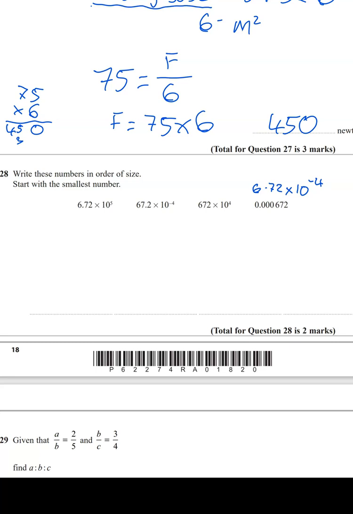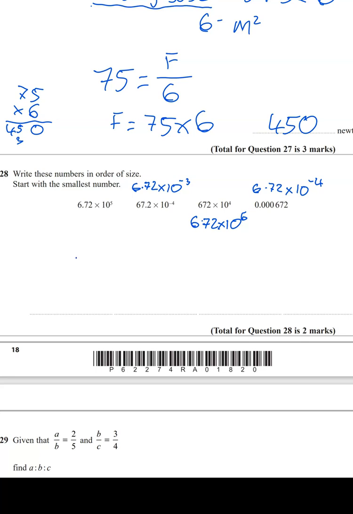We need 6.72 times 10 to the minus 3, because, do I go minus 3? Yeah, I think so. Yes, because it's gone one too far. And this one here would be 6.72 times 10 to the 6. Right, okay, then that makes it a lot more straightforward.